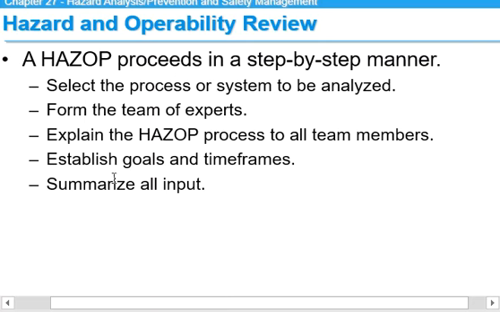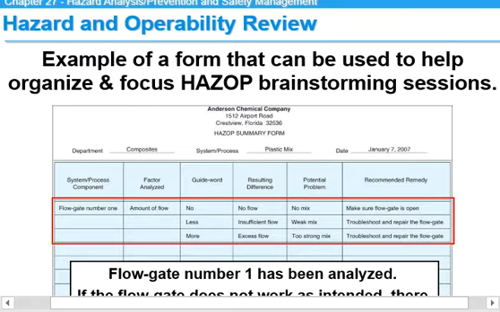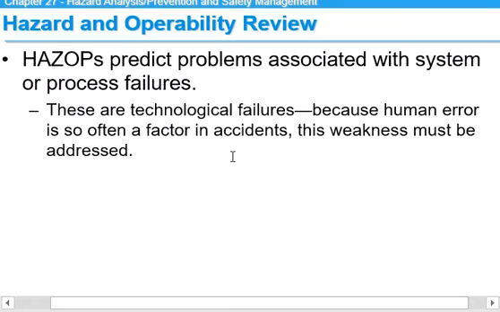And the problem with this review is, it only predicts what could happen, okay? So it does not go into more details. So it's not like the FMEA method, okay?